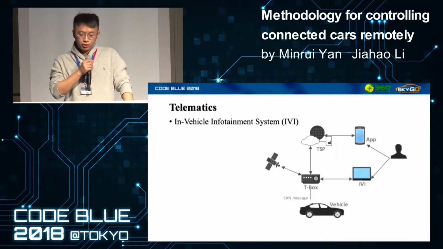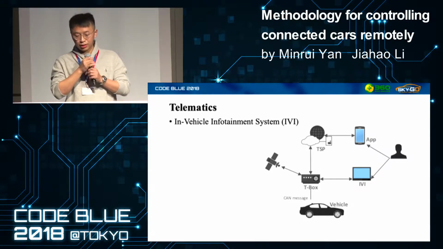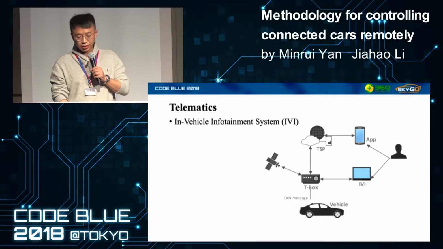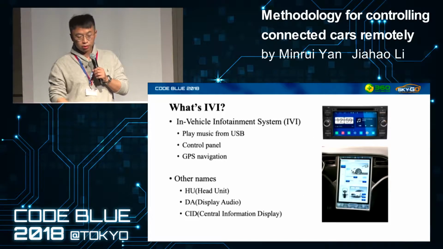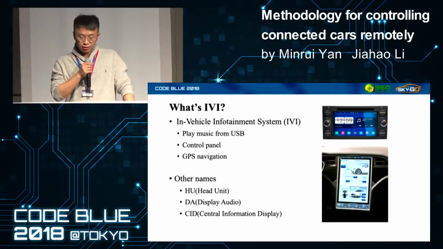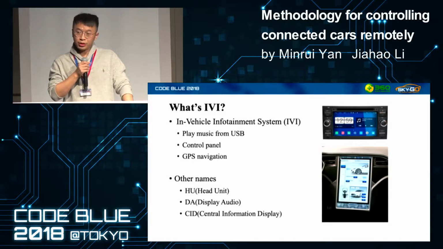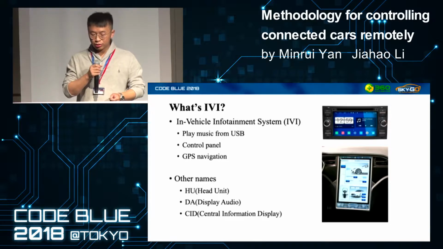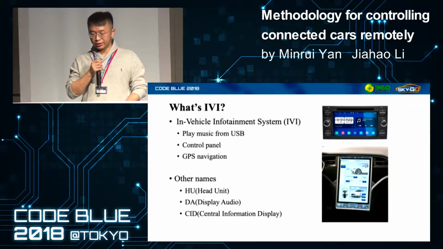This is a simple image to show what telematics is. There are several key points in this image. The first key point in telematics is IVI. So what is IVI? IVI stands for in-vehicle infotainment system. It's always a bigger screen in your car, and you can use it to navigate, control the vehicle, and monitor the car state.